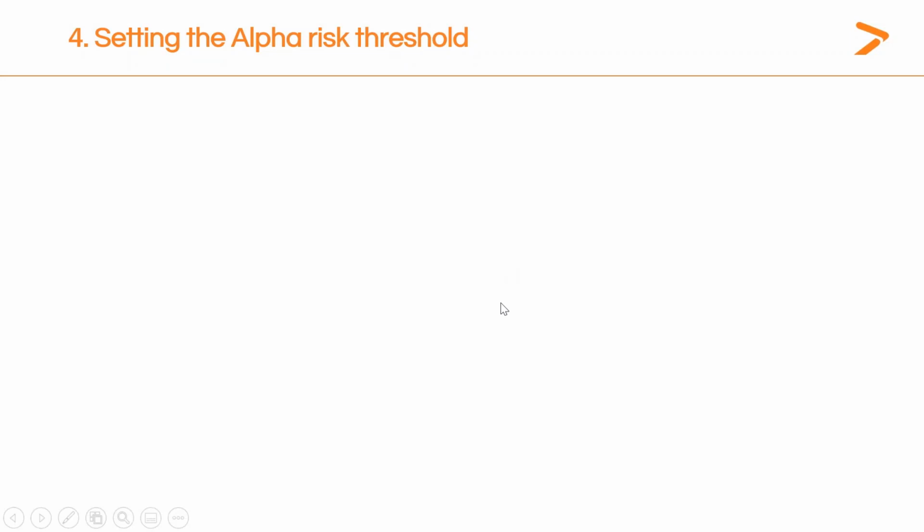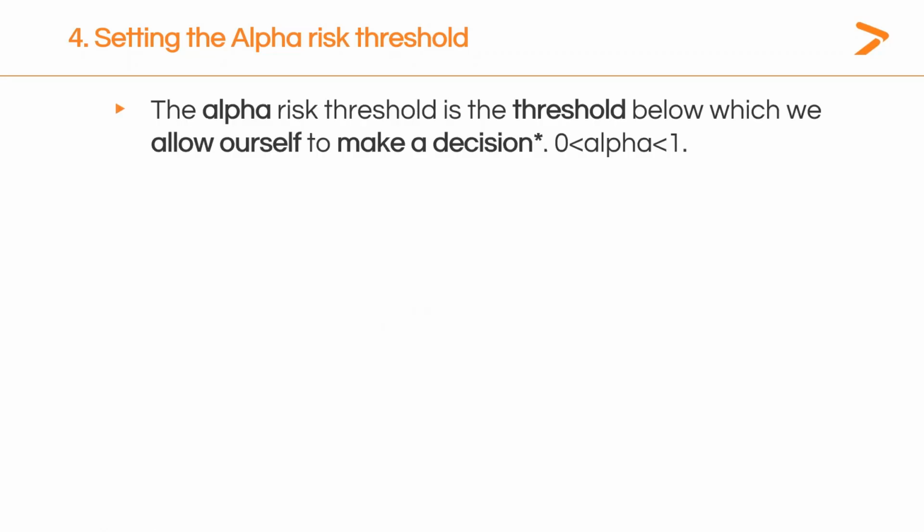So we've set the hypothesis, we chose our test, and now we need to set the alpha risk threshold. This slide is quite tricky, okay? The alpha risk threshold is the threshold below which we allow ourselves to make a decision, and its value is bounded between 0 and 1. So this is a probability value.